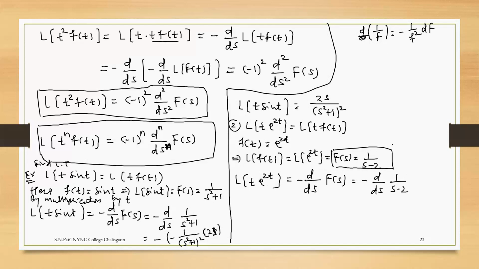Now apply the same rule. The derivative of 1 upon function is minus 1 upon function square, again into the derivative of the function.